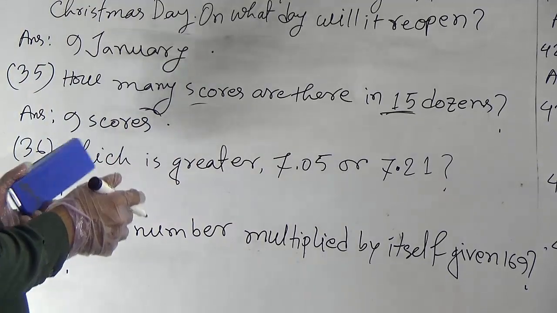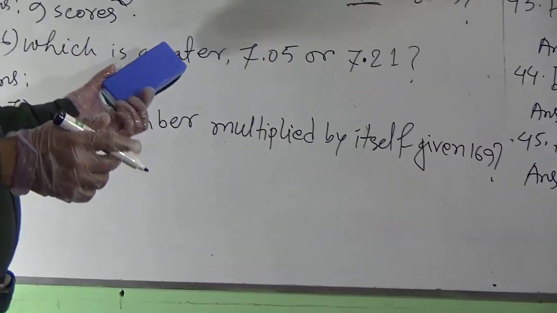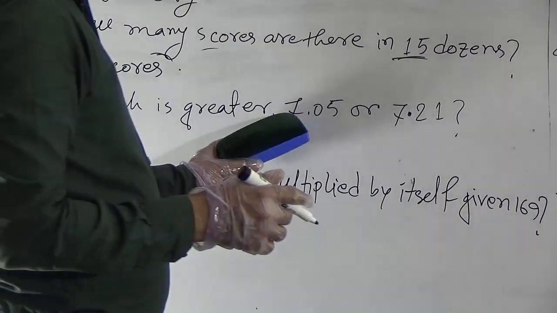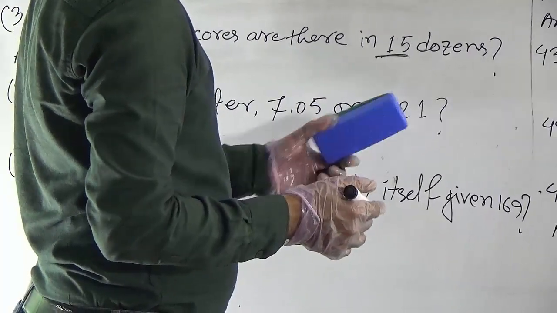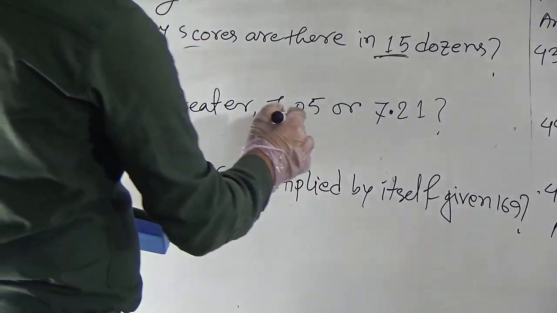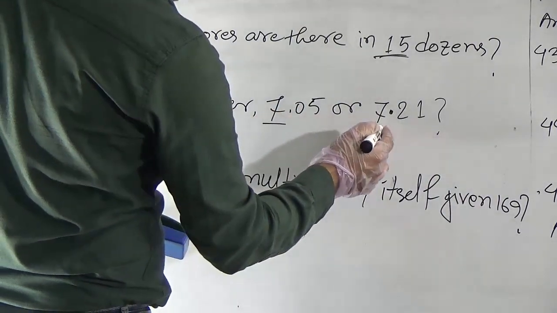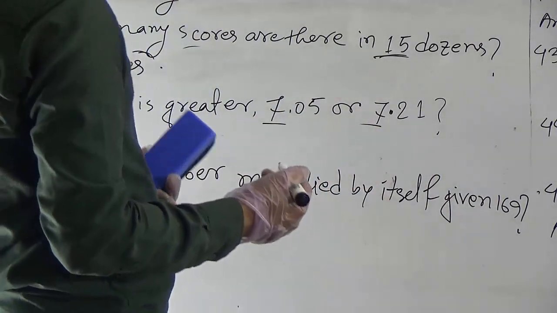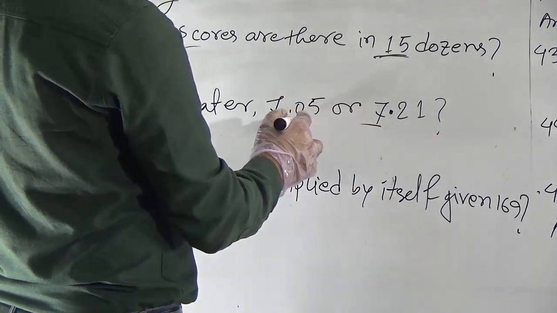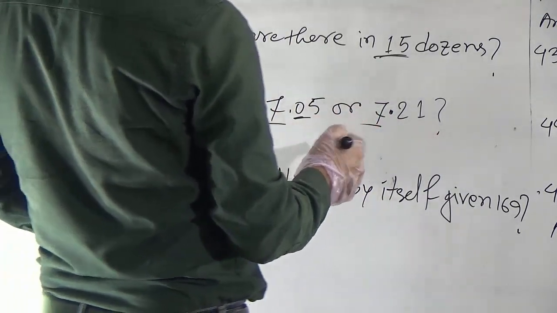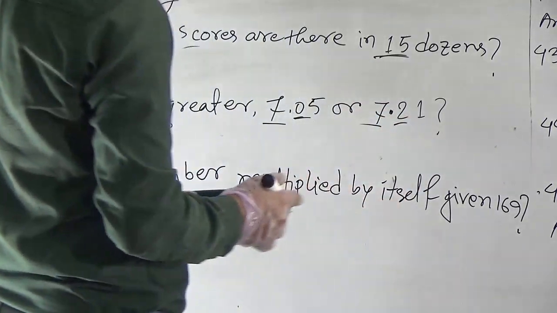Now the next question, 36. Which is greater, 7.05 or 7.21? Before the decimal, both digits are the same, so we have to go after the decimal. After the decimal, the tenths place is 0 here and 2 here.